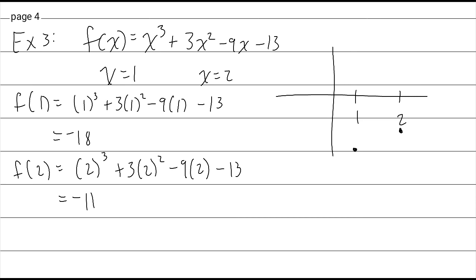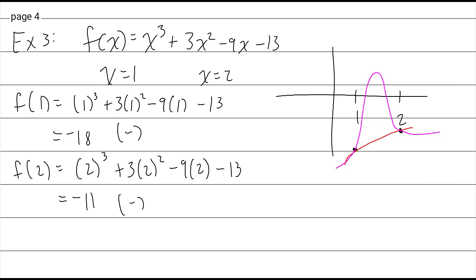All right, so now we have 2 negatives. And by the way, the same would be true if we had 2 positives. But what can I conclude? Can I say that it doesn't cross the x-axis? I mean, maybe it doesn't. Or maybe it does cross the x-axis, right? Maybe it follows some kind of shape like this.